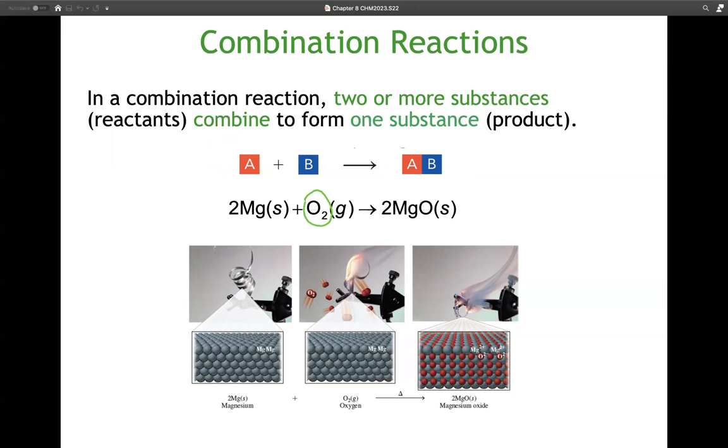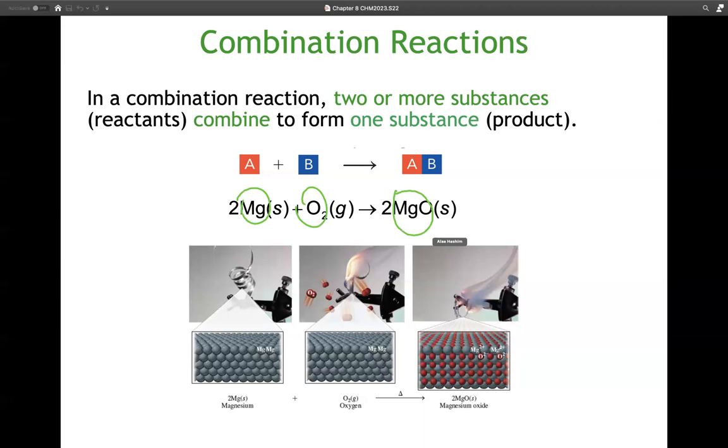And magnesium is a metal in group 2A. Well, when you have 2 moles of magnesium reacting with 1 mole of oxygen gas, it forms 2 moles of magnesium oxide. So that's an example of a combination reaction. Two different reactants are combining to form a single product.